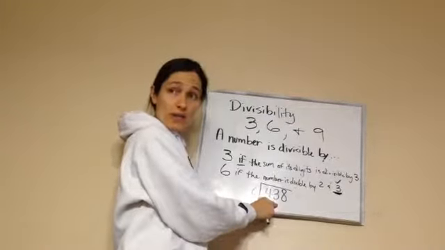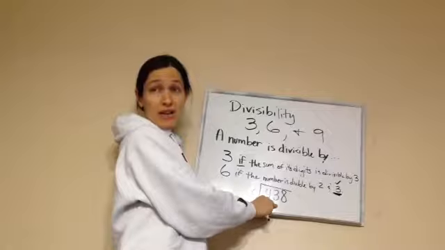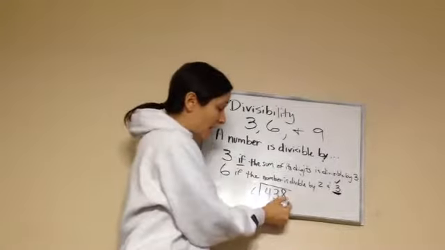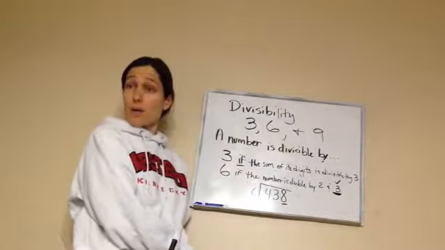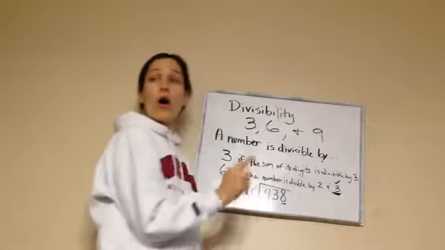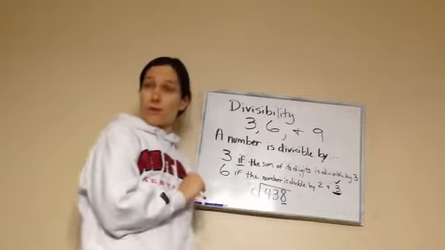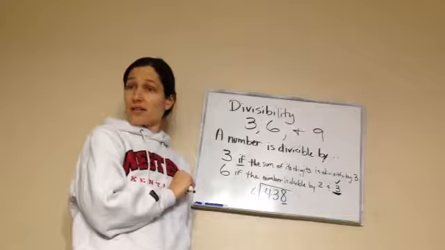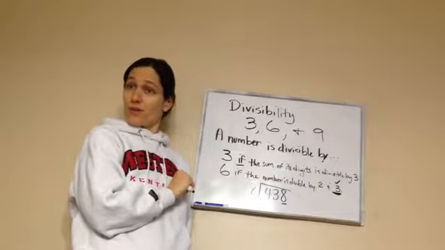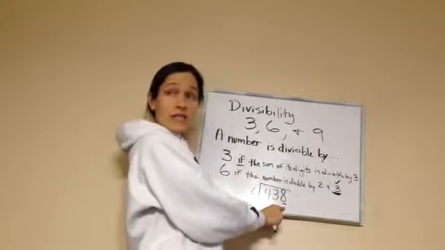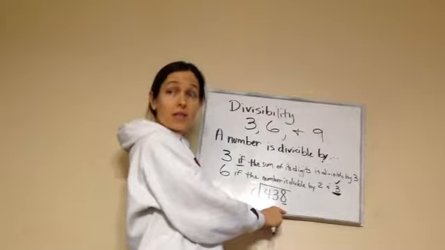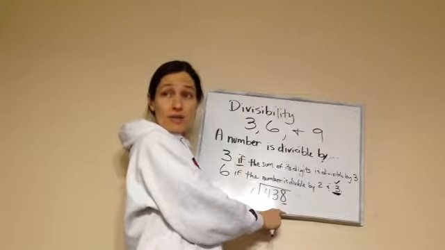Will 2 go into this? There's a real easy way to figure that out. Because this last number is an even number, 2 will always go into an even number evenly. Isn't that cool? And remember the ones place determines if it's odd or even.